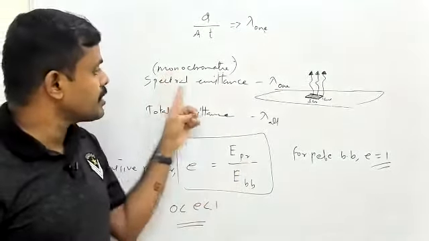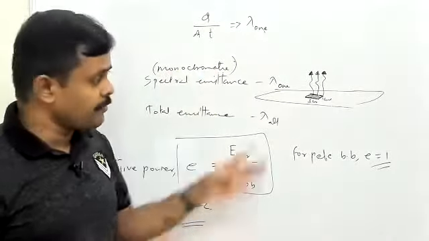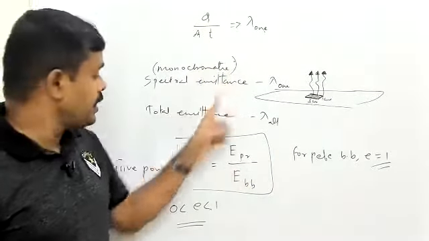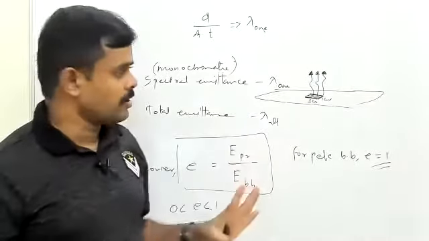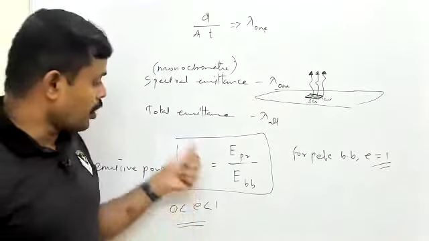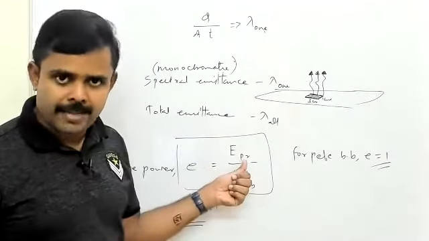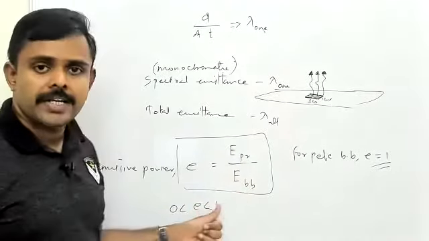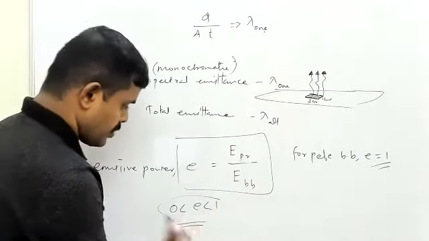And if you consider all wavelengths emitted, the energy radiated per area per second is called total emittance. And like I said, emissive power is the ratio of total emittance for a practical body, real body, to total emittance of a black body. This value can range between 0 and 1. You must know this because it's a previous question.